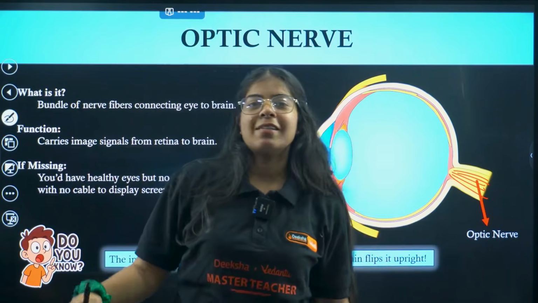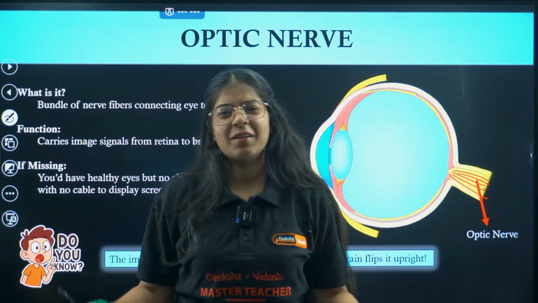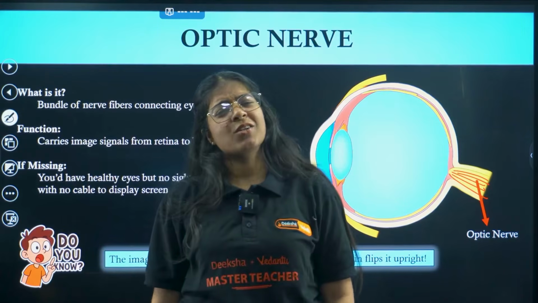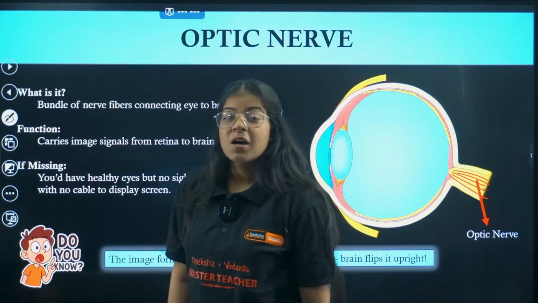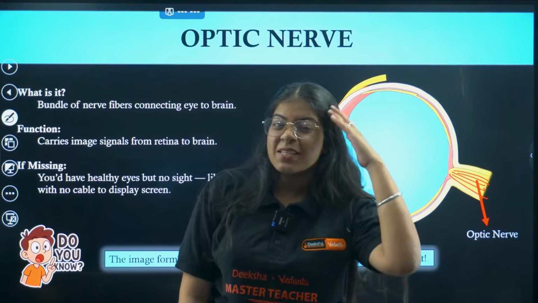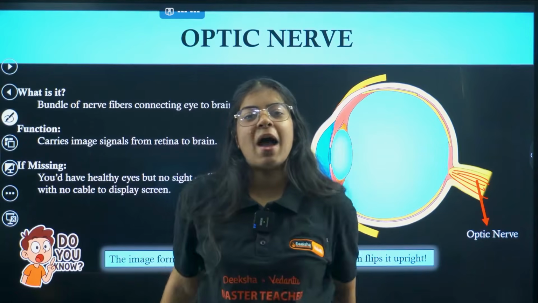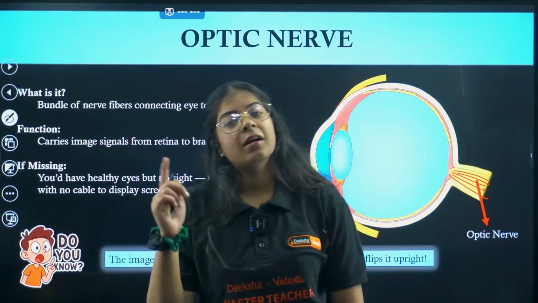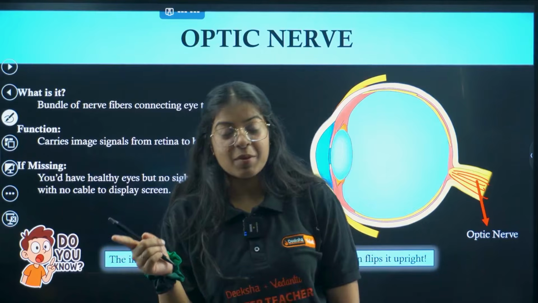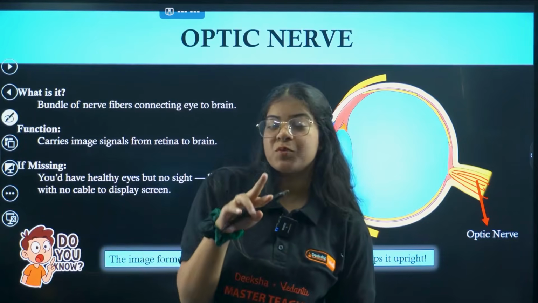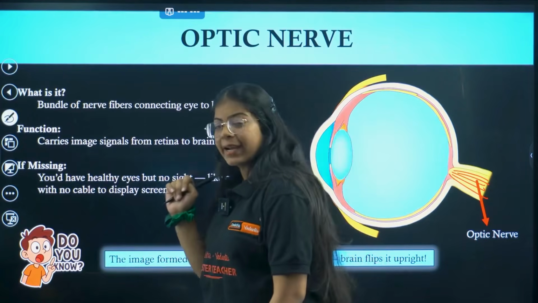That I'm standing on my head and my legs are in the air? No, it's not, right? Because our brain is very smart. Our brain flips the image back to erect. The convex lens makes a real and inverted image, and the brain flips it back to an erect image.